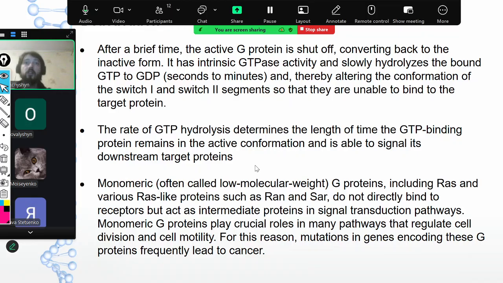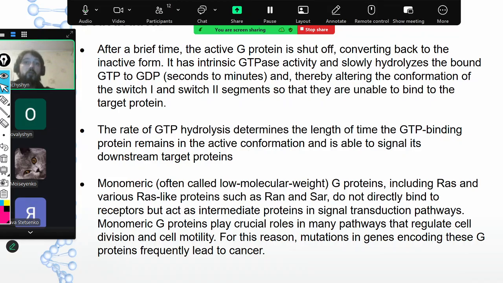The rate of GTP hydrolysis determines the length of time the GTP binding protein remains in the active conformation and is able to signal downstream target proteins. Monomeric G proteins, often called low molecular weight G proteins, including RAS and various RAS-like proteins such as RAN and SAR, do not directly bind to receptors but act as intermediate proteins in signal transduction pathways.